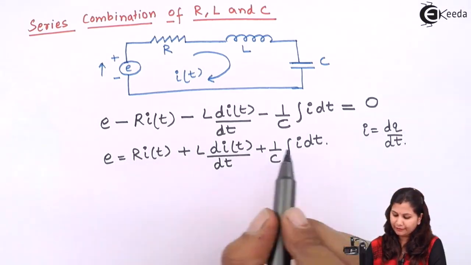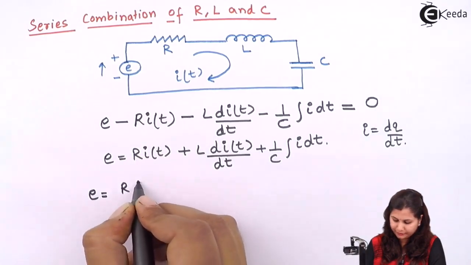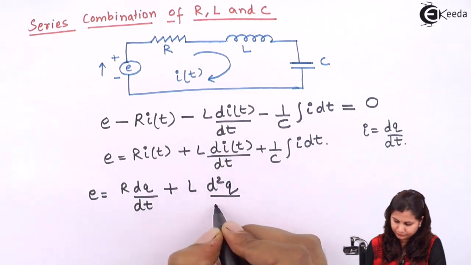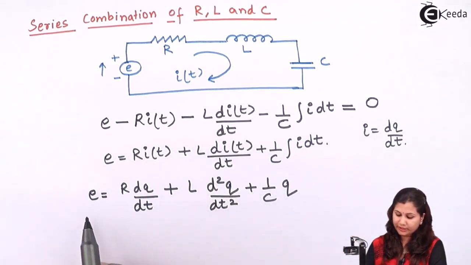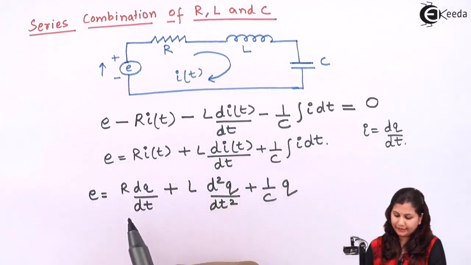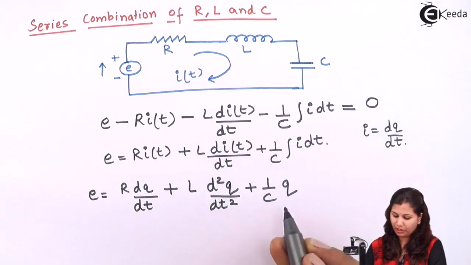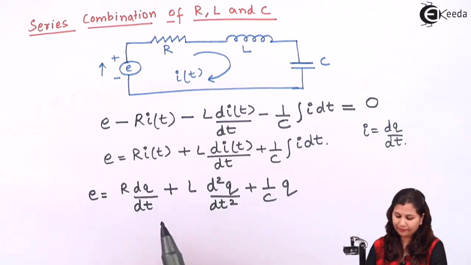So putting here the value of i, we will get E equals to R. So this is the equation in which we have replaced the current with the charge, and we have found out the relationship between the voltage and the charge across the elements.